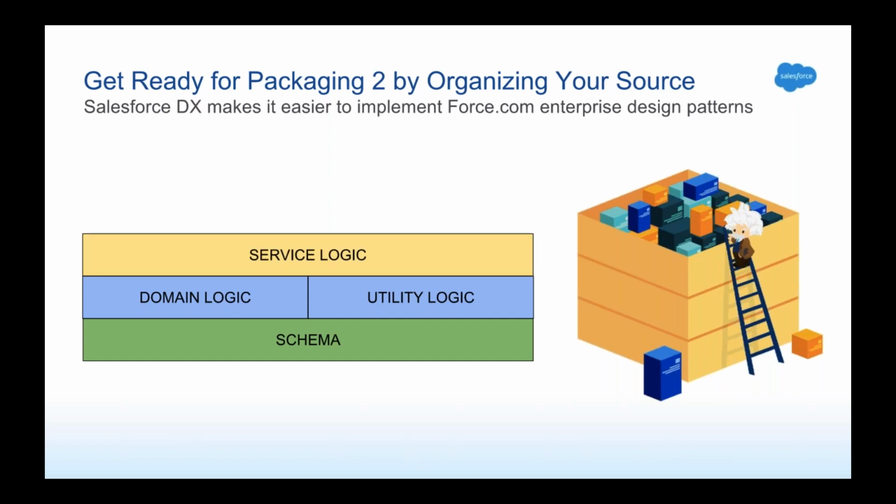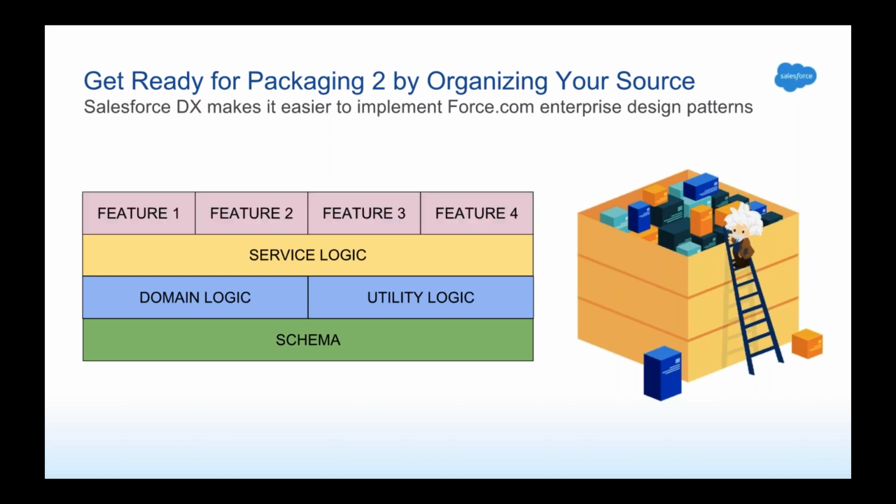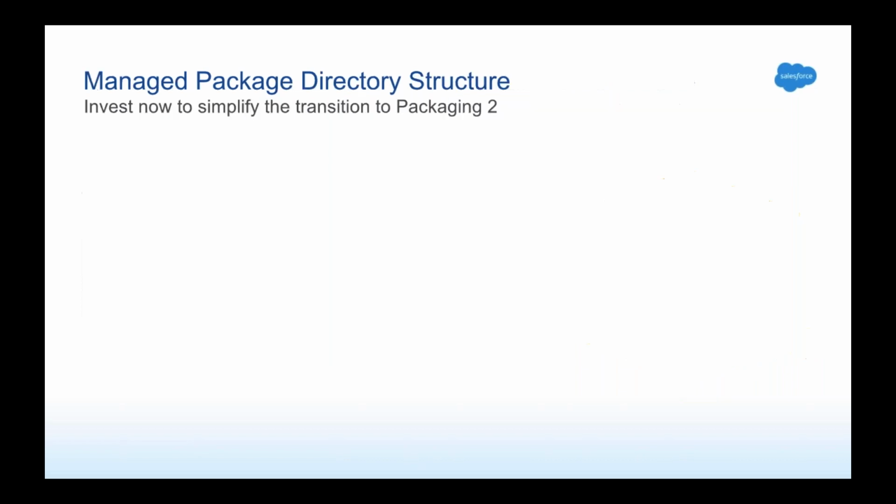And then if you've built things well, you can have service logic that utilizes all of that. And if you've architected your application with this kind of enterprise design pattern, it makes it very easy to add feature after feature after feature, because everything's using kind of a core stack internally within your app.